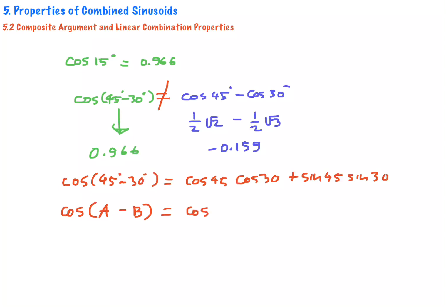So that will be cos a cos b plus sine a sine b. The next question is to answer this: how can we have cosine of (a minus b) equal to cosine a cos b plus sine a sine b? This is called a composite argument, and this is what we are going to prove.